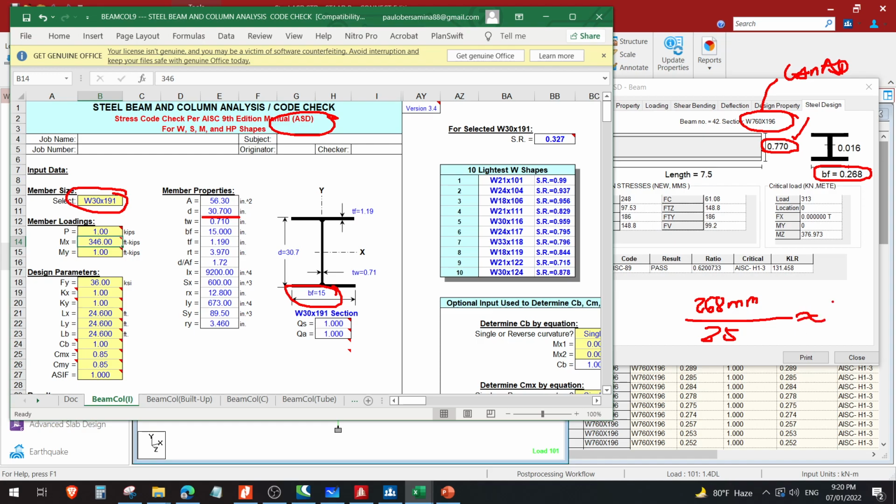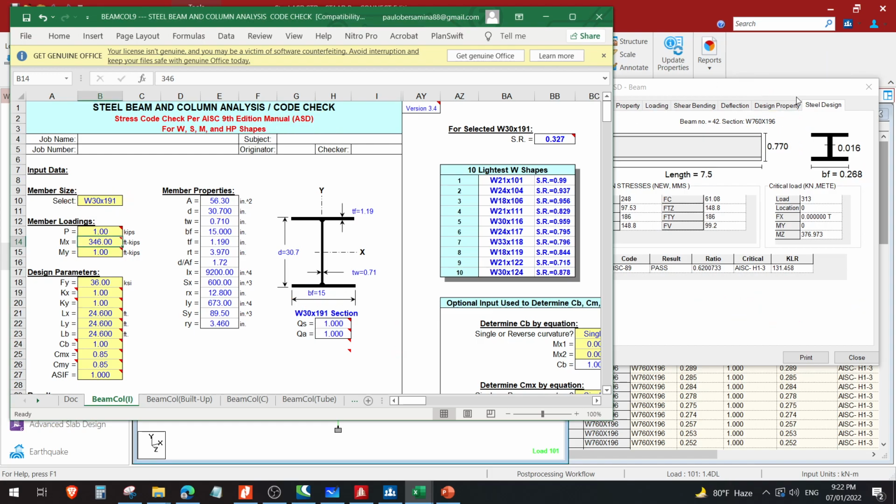So that's about 10.7 inch. So palitan natin to. No? So it should be W30 by 132. Yan, ito na pala yan. Yan, yun na. So equal na sila.